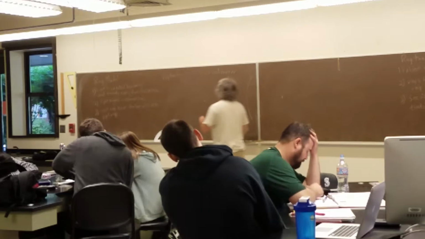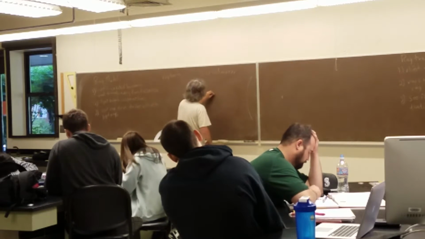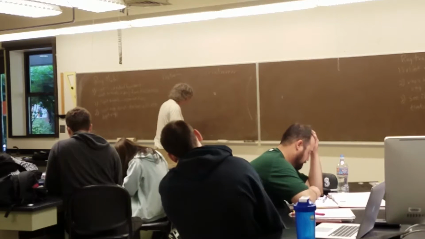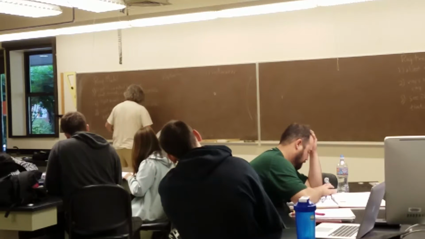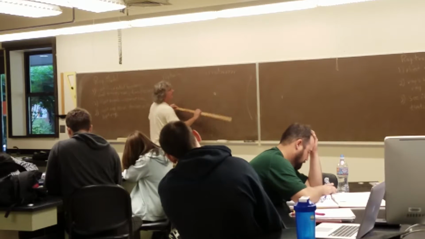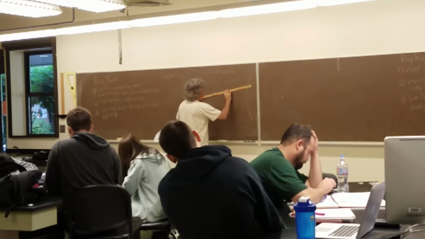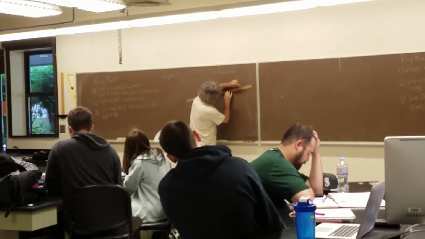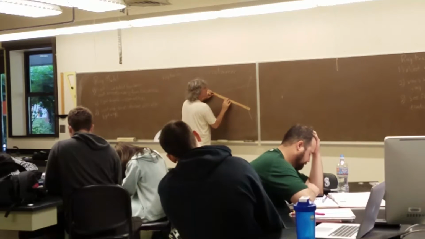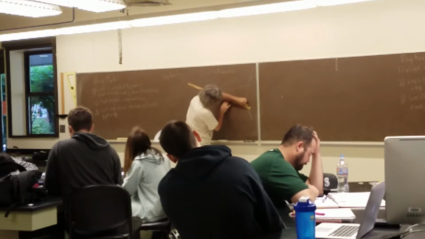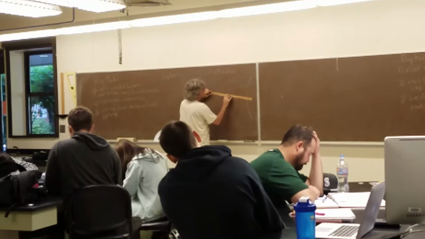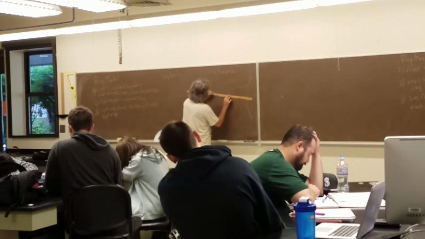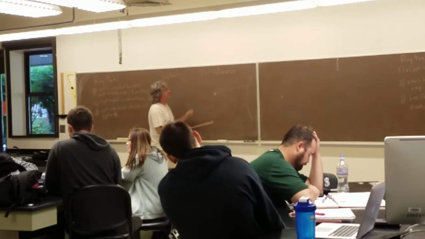Now, I can say, suppose I have an object over here, and I'm going to draw some rays that are diverging from the object. There are three rays, diverging from the object.